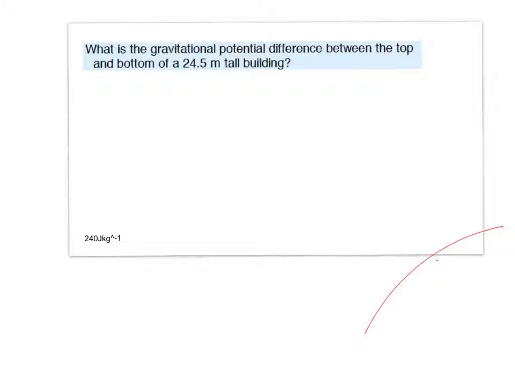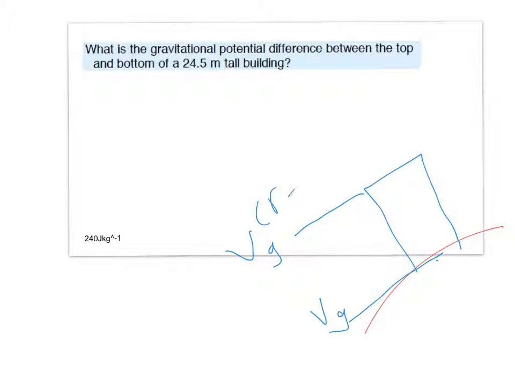Once again, and I'm going to exaggerate this diagram, what we are dealing with is a position 1, which is the surface of the Earth. So you need to find out what the potential is on the surface of the Earth. And then you need to find the potential at this new position, which will now be R plus 24.5.